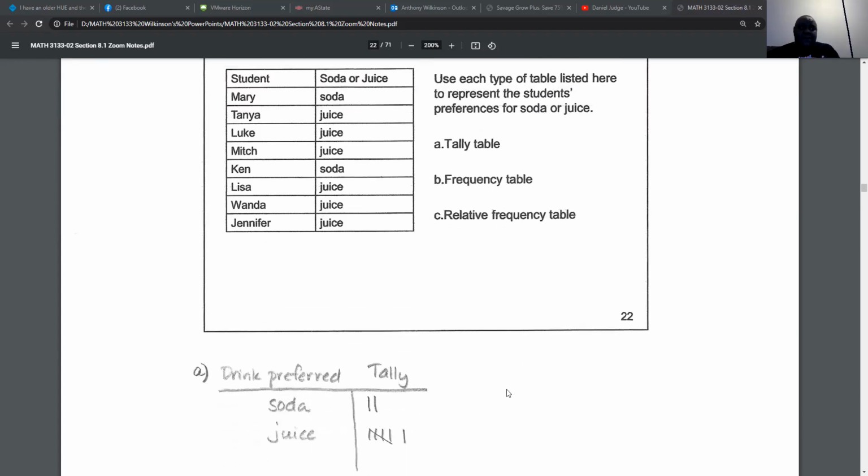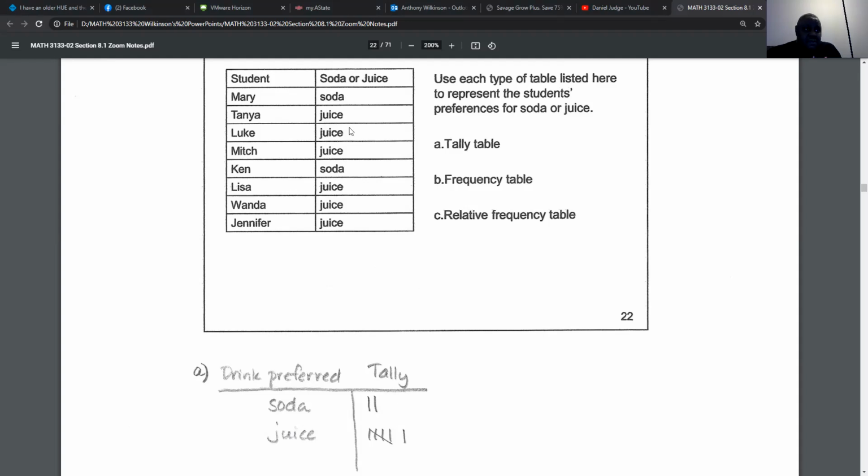Here's the tally table for part A. And there were only 2 drinks that each student either prefers, soda or juice. And then we do a tally table for that. We just do tally marks here. If you look at it, there's only 2 people that prefer soda. So that's why you see the 2 marks there for soda.